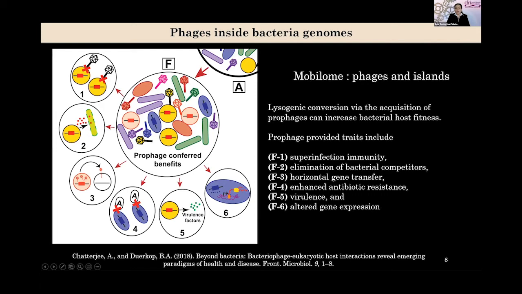So this is why it is very important to characterize these specific insertions that look like phages, because they could be affecting any of these functions inside the Achromobacter genomes.